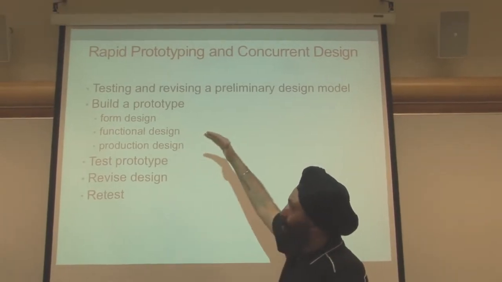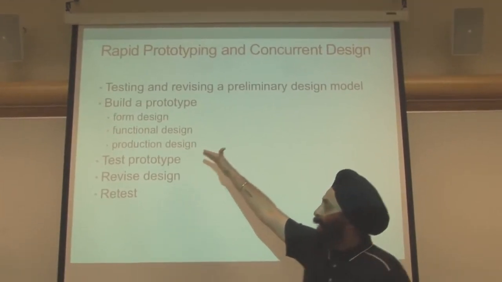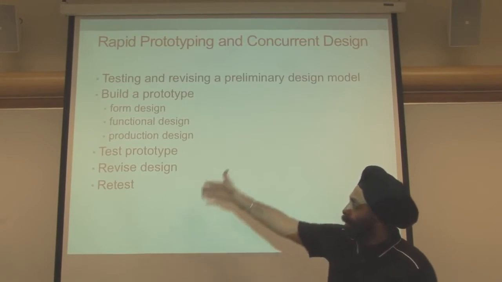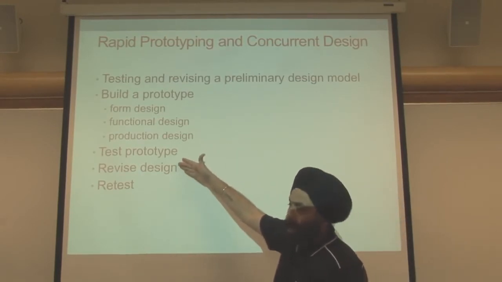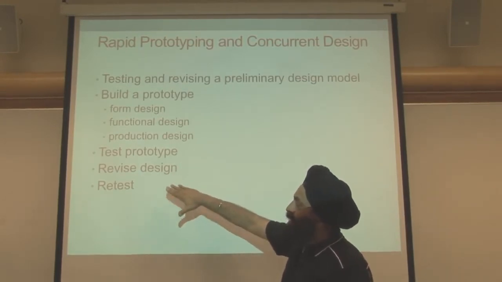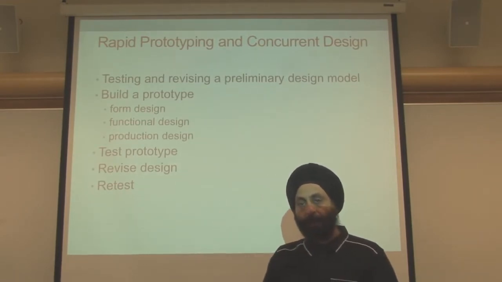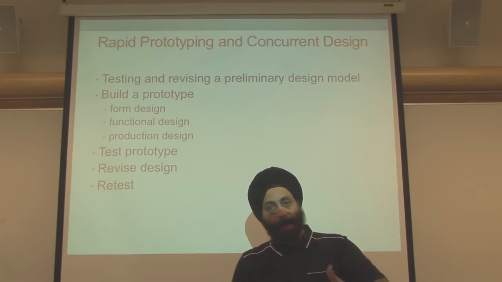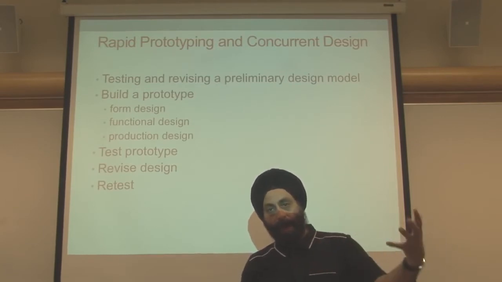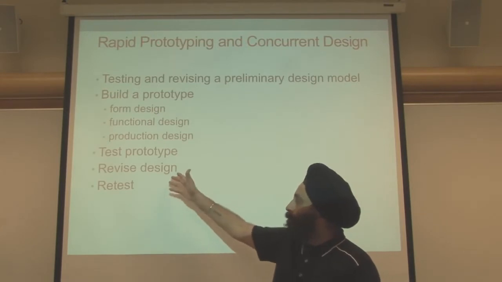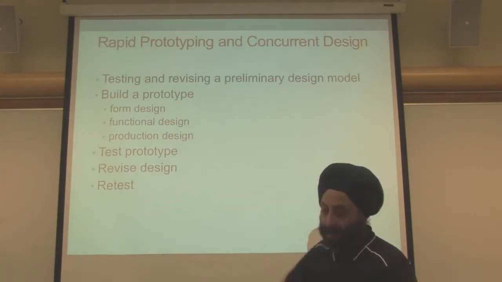That's where you do the form design, functional design, and production design. Then test the prototype, see how it works, and revise the design. For example, the printing on the breakfast cereal box is not very eye-catching, so maybe we have to improve that and then retest it accordingly.